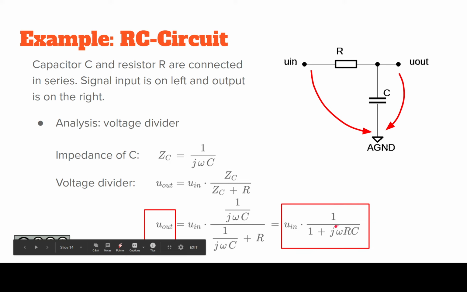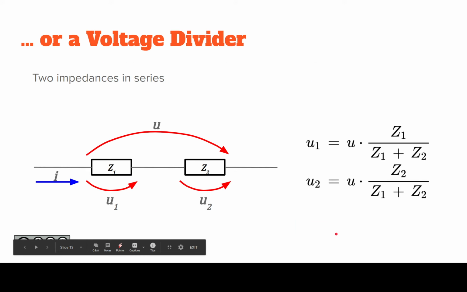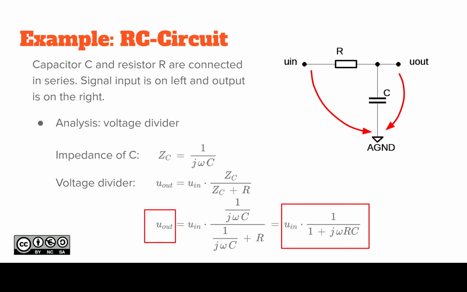So it looks like we have a circuit where the output depends on the signal frequency omega and also the R and C. The signal frequency we usually cannot do much about, so it's what it is, especially if this was an input from a sensor.